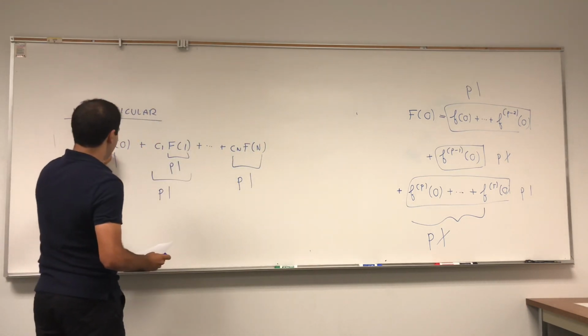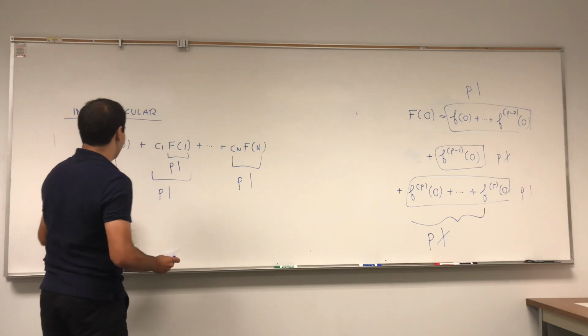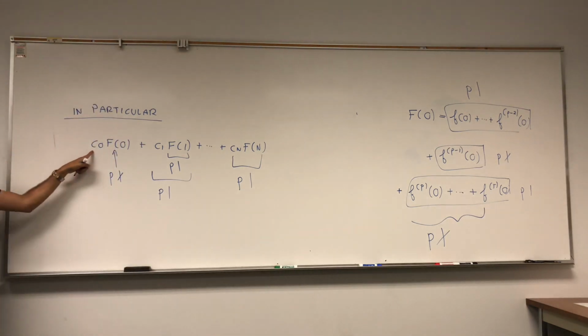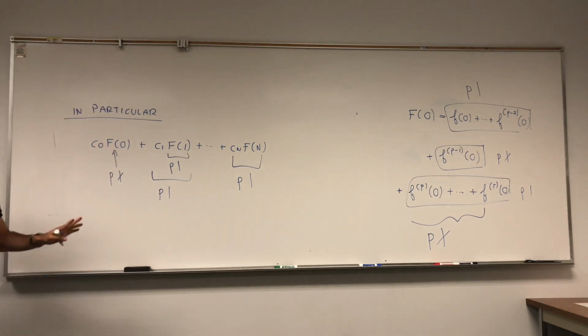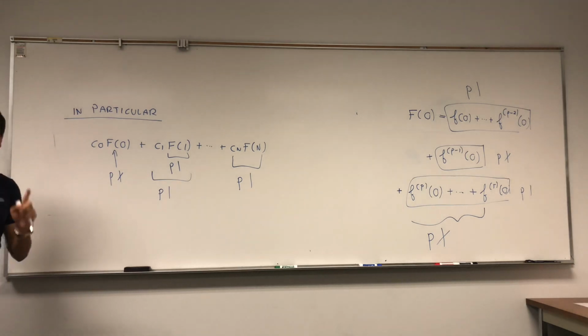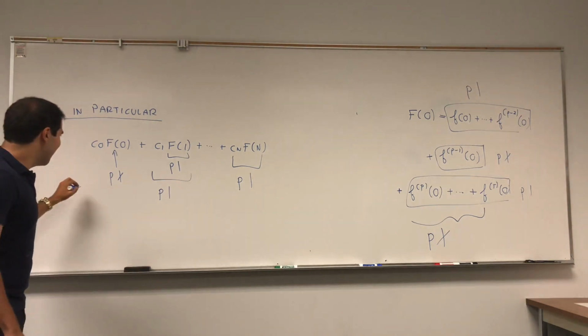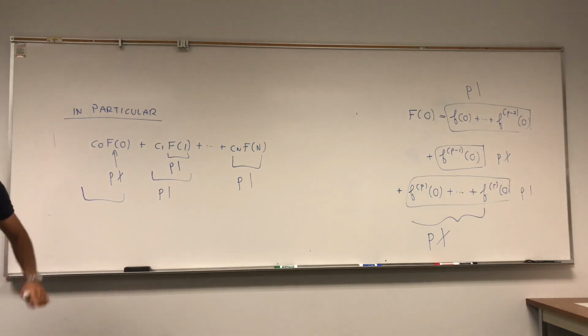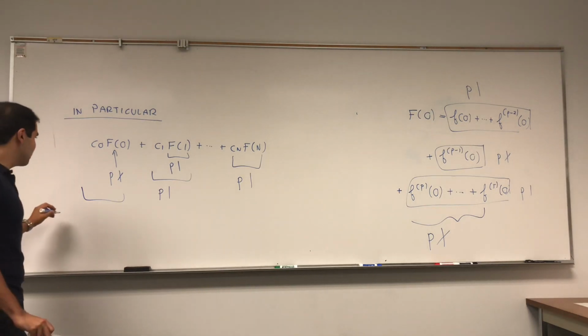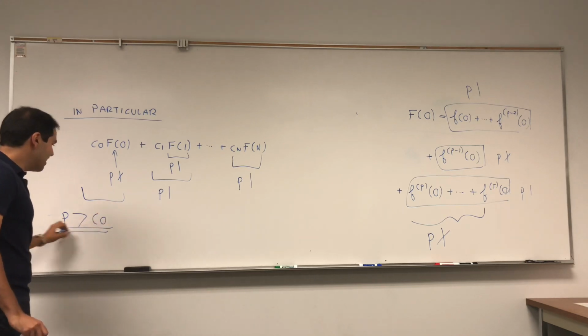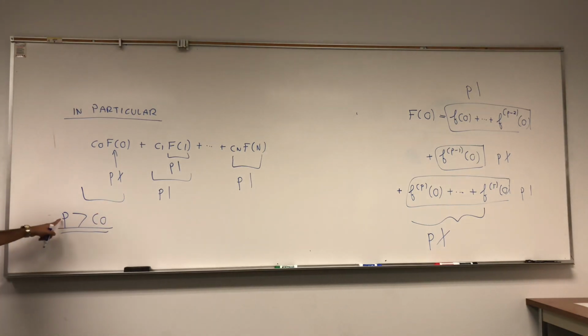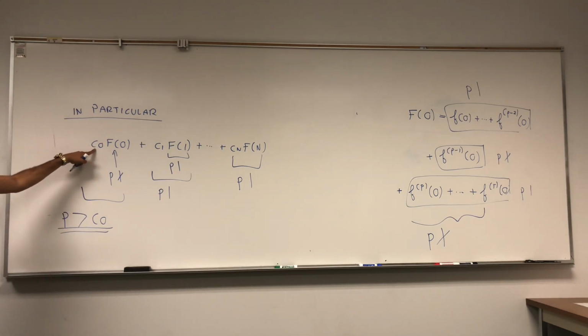Now we also know that p doesn't divide f of 0. It's possible that p divides c0 and then it divides the product. It turns out that it doesn't. And remember, that's because at the very beginning, I said that p is greater than c0. And that's actually super important, because if p is a prime that's greater than c0, it can't divide this.